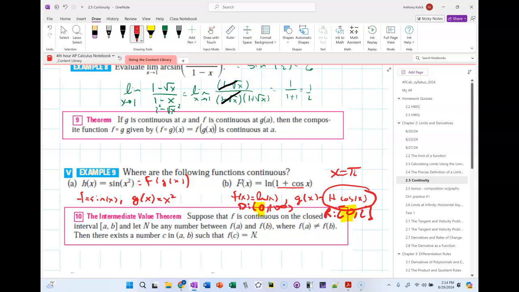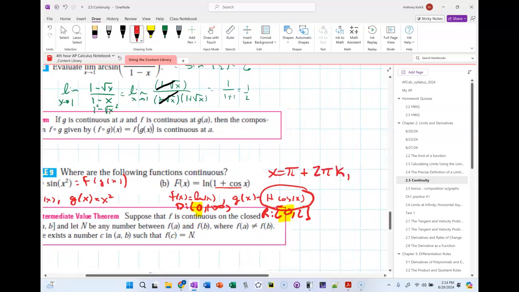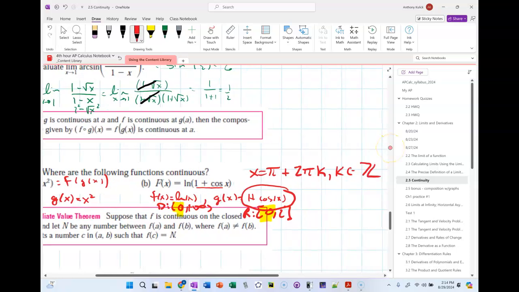But is that the only place where 1 plus cosine is going to equal 0? Yes, it's going to be pi and then everything coterminal to pi. So this is continuous at all real numbers except pi and everything coterminal to it.